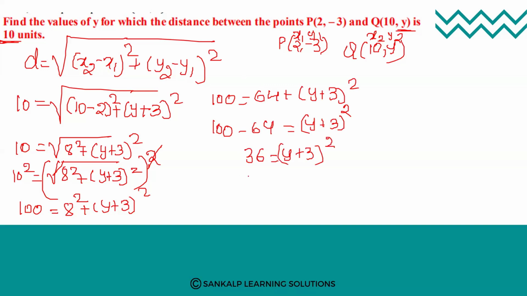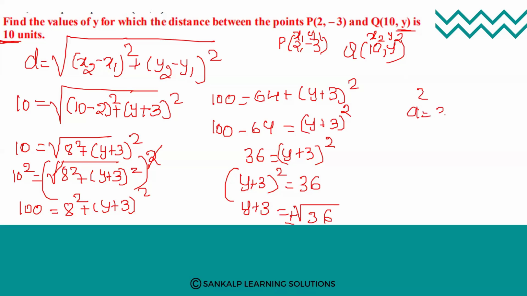Now observe carefully. Y plus 3 bracket square is 36. Then y plus 3 is plus or minus square root of 36. Like a square is equal to 36, then a value is plus or minus square root of 36.